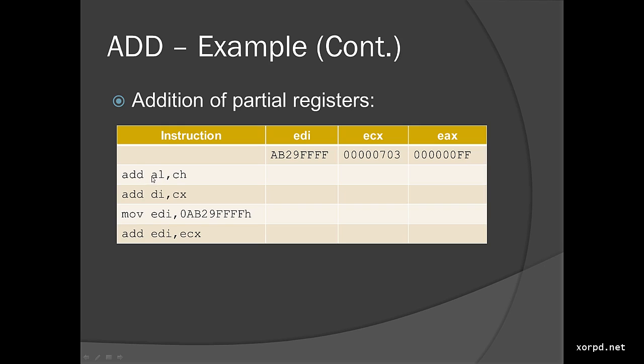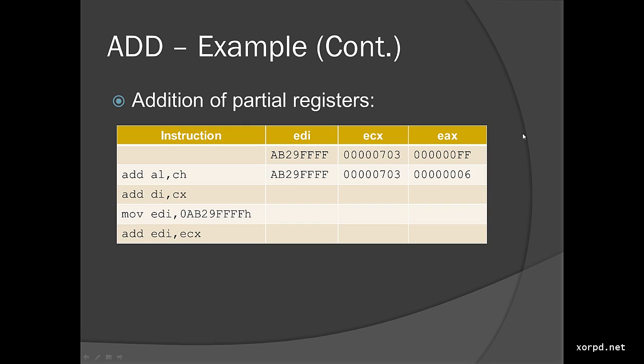But this time we are adding bytes, sizes of 8 bits, which means the wraparound is going to be constrained to 8 bits. It is not going to be above the 8 bits or outside of it. It will be bounded in this place or in this place. So let's see what happens.